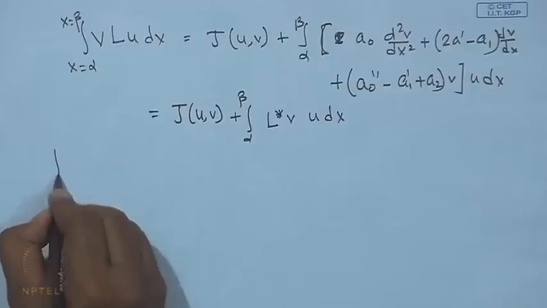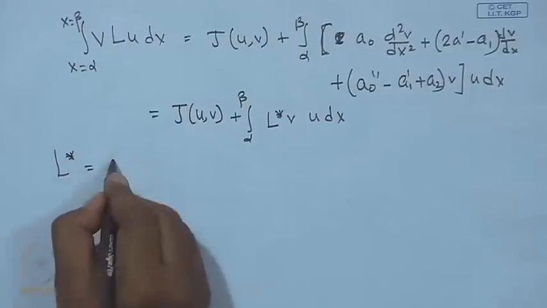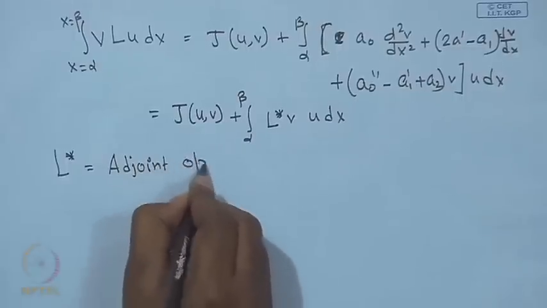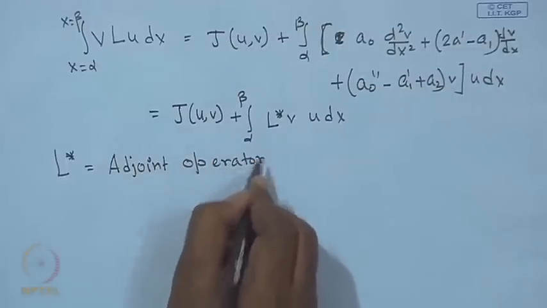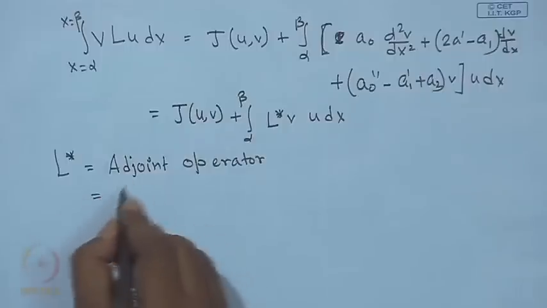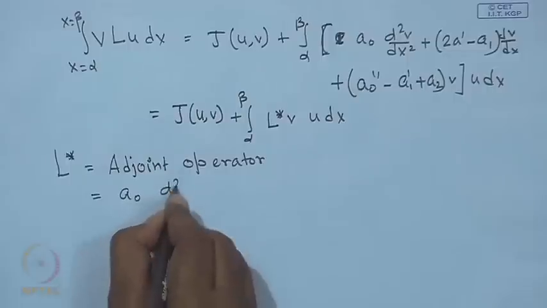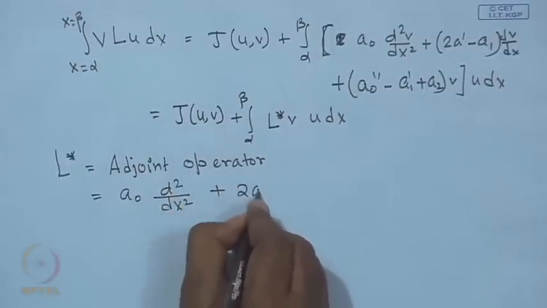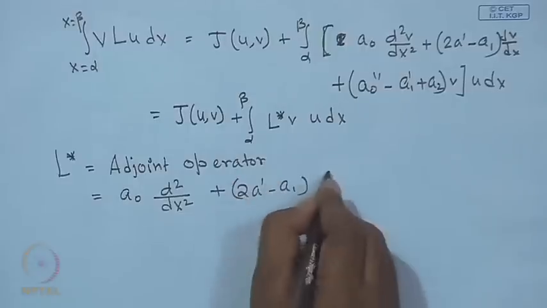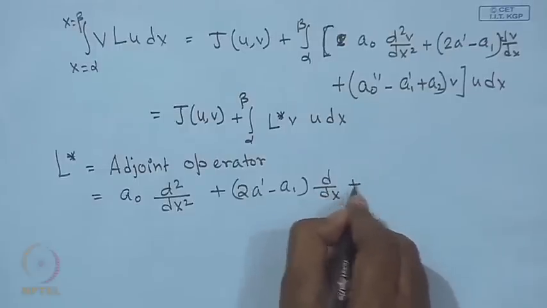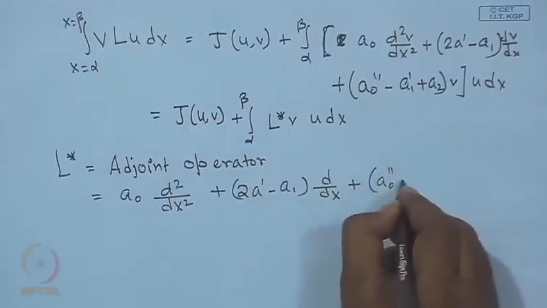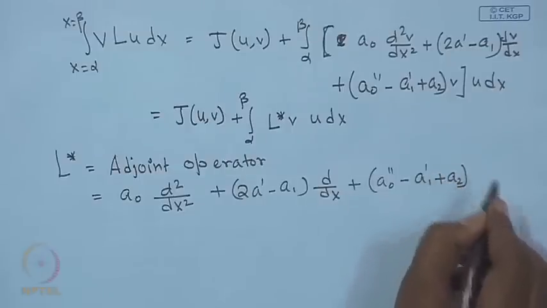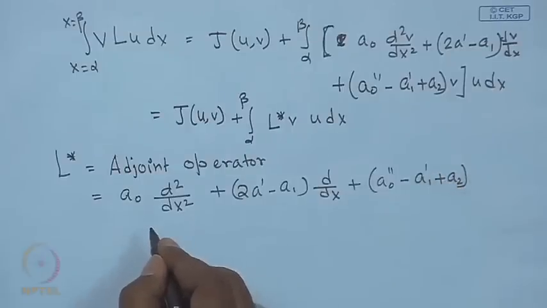So, what is L star? L star is known as the adjoint operator, and generally this adjoint operator can be written as a 0 d square dx square plus 2 a prime minus a 1 d dx plus a 0 double prime minus a 1 prime plus a 2. Okay, this is the adjoint operator.